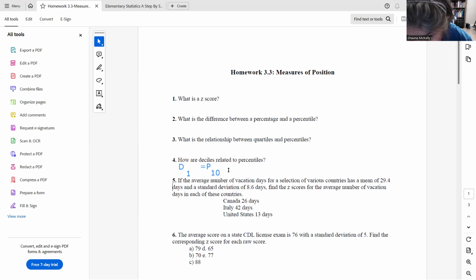Usually what we want to write, for example, is I would say every 10 percentile is 1 decile. Okay, every 10 percentiles is 1 decile. And of course, D2 would be P20 and so forth, right?